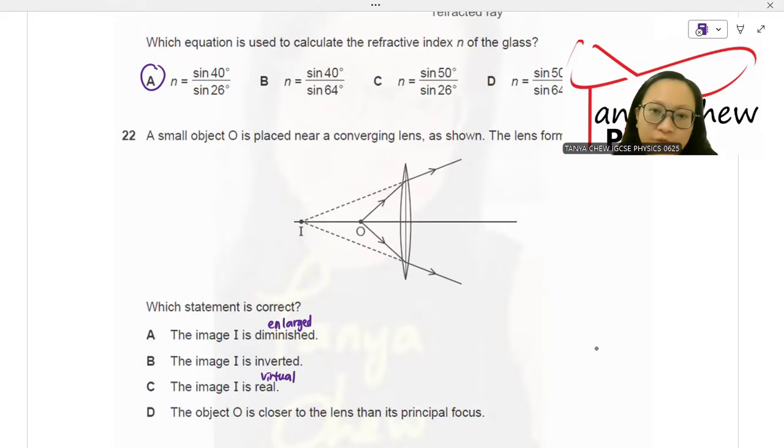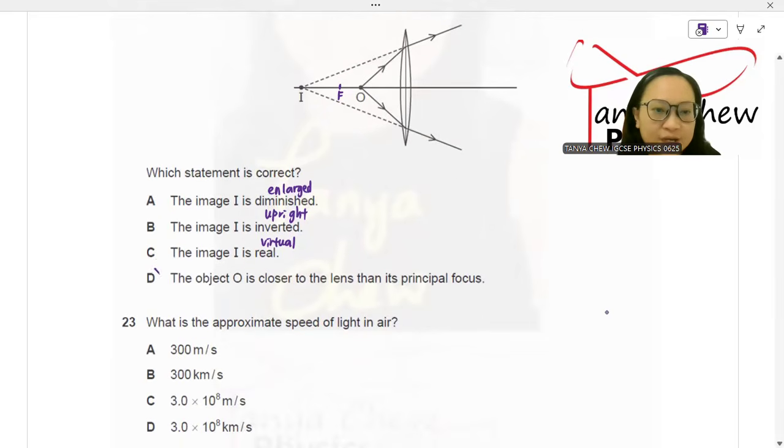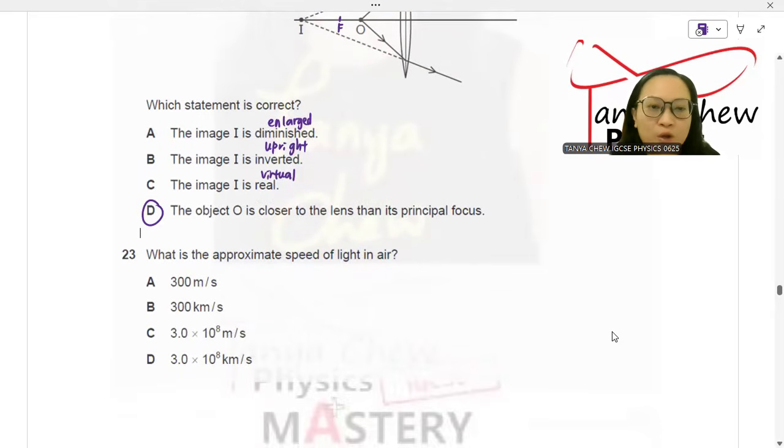And the image is inverted. I don't see that the image is inverted because it is formed on the same side, same plane as the object. I would say that this is upright image. The object O is closer to the lens than its principal focus. Yes, principal focus must be somewhere here. So the object is in front of the principal focus. D is the answer.